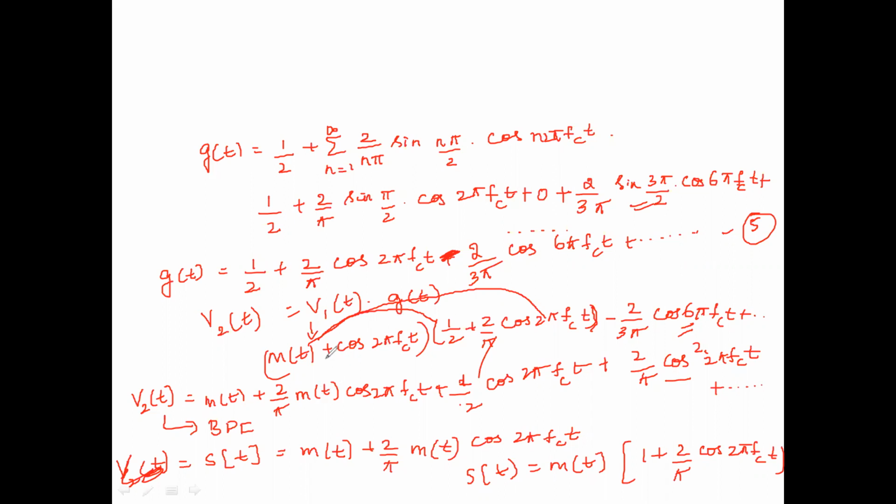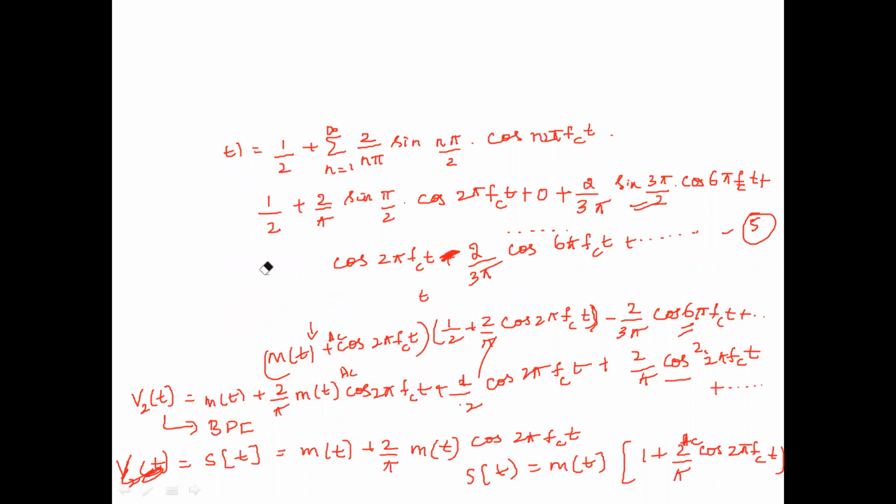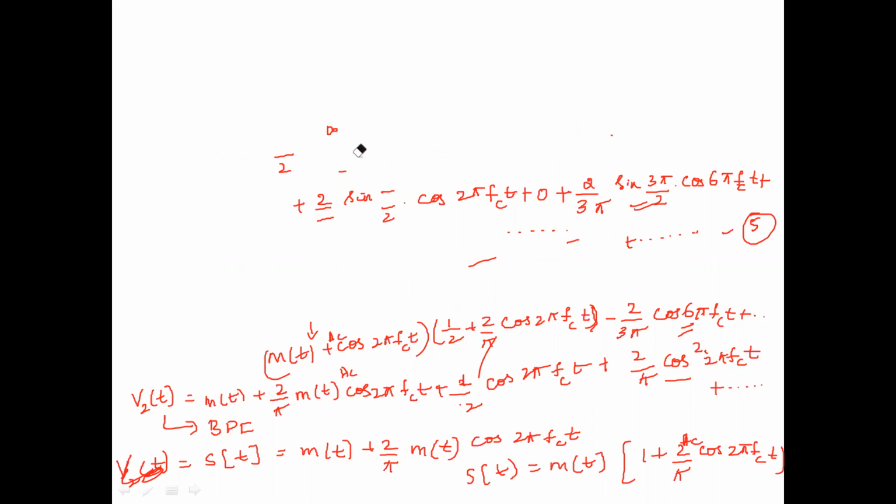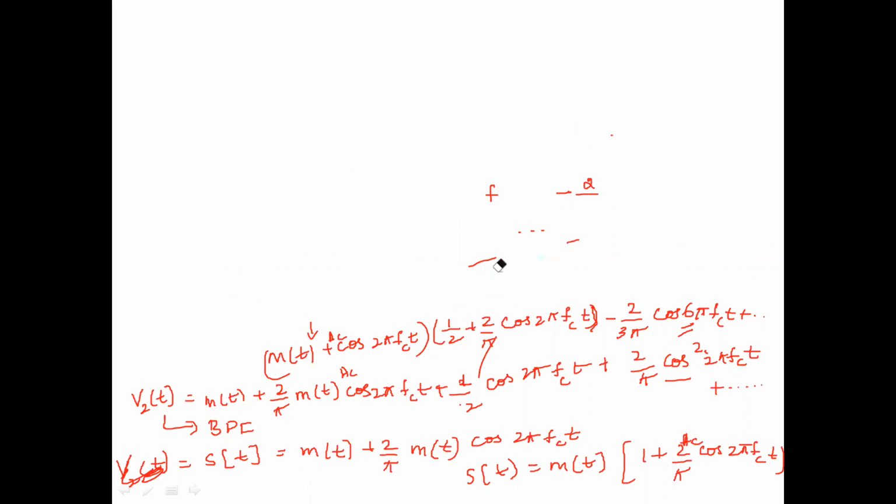So you're including the amplitude of the carrier as Ac cos 2 pi fct, you will get Ac here. Yes, now observe the equation of s of t.